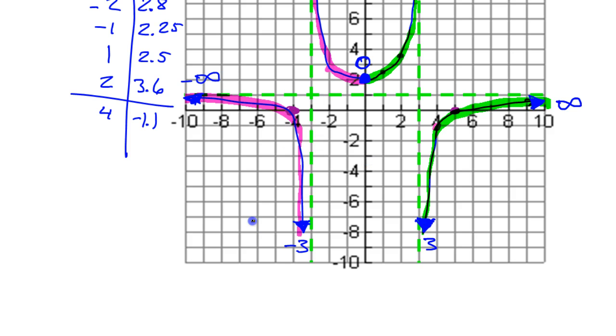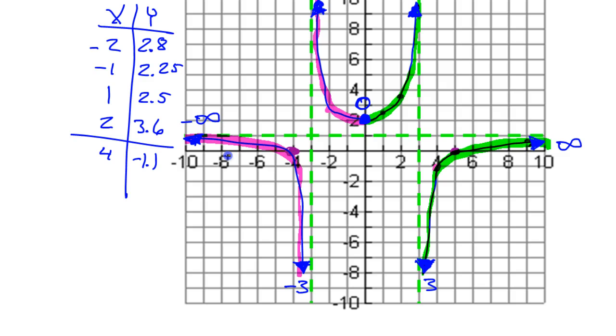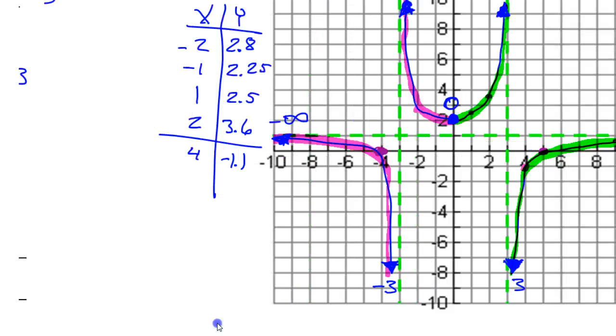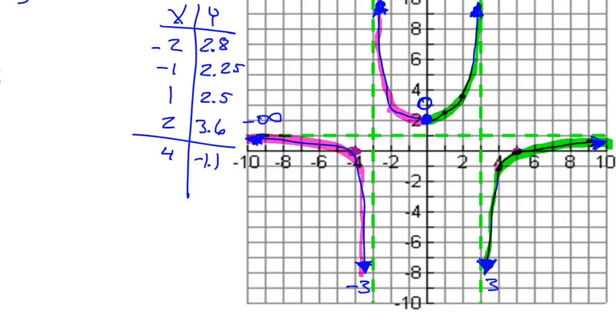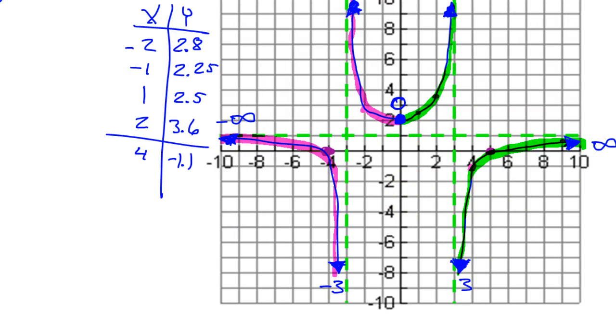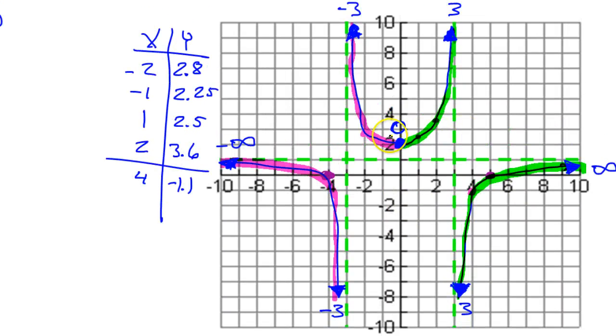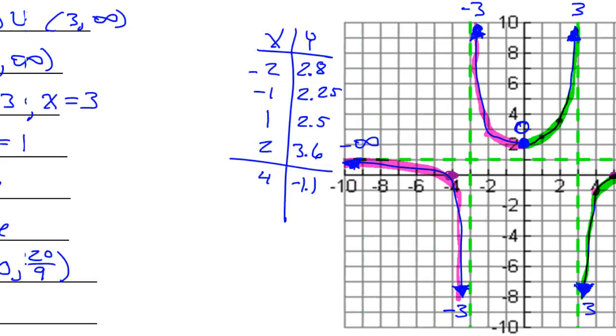So I will use these blue x values that I thought about very carefully, but now I will just look and go, oh, this one, negative infinity to negative 3. So let's see, what do they ask us for first? Increasing intervals. So we have 2 of those. We have our first increasing interval is from 0 to 3, x values.